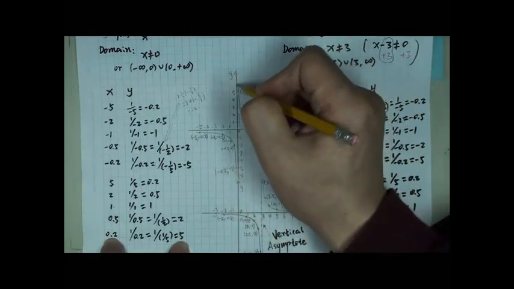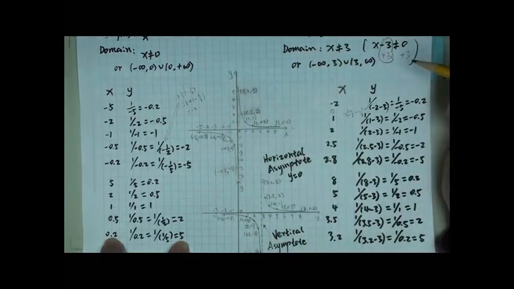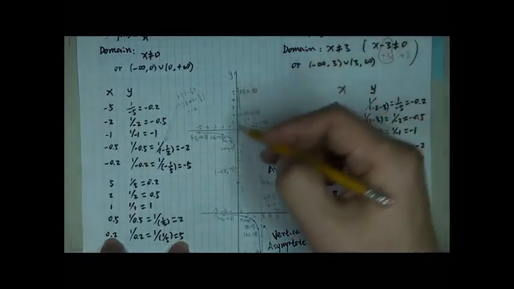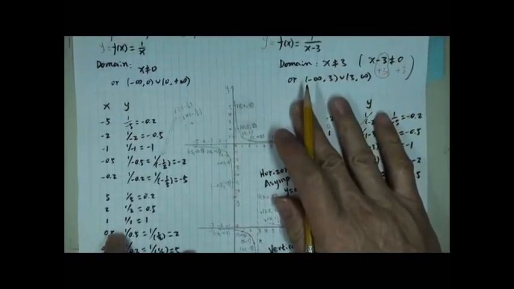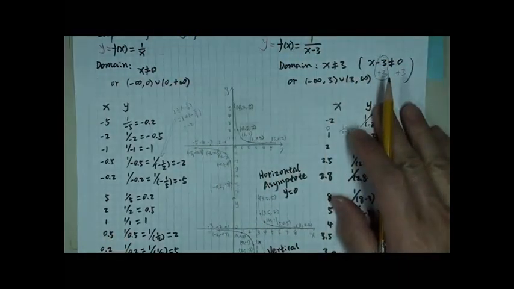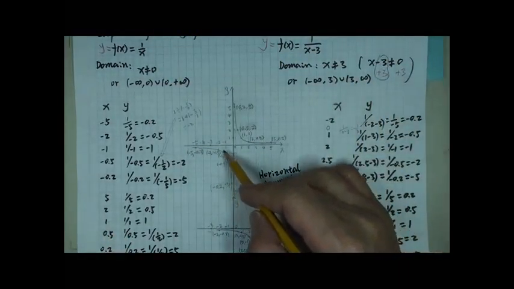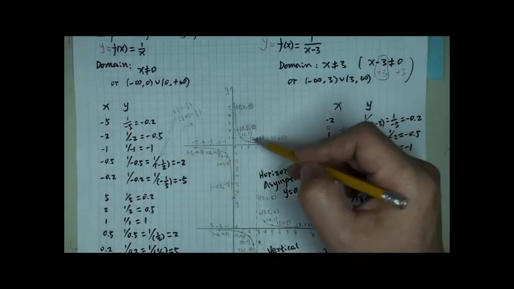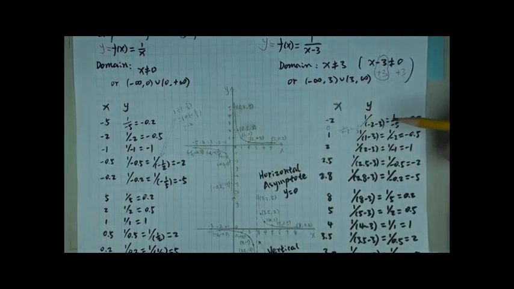Then there is no corresponding y here. That's basically the picture for 1 over x. Here we chose 10 points, 5 on each side.